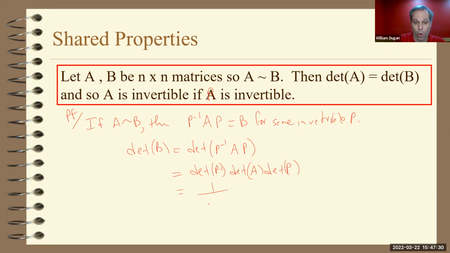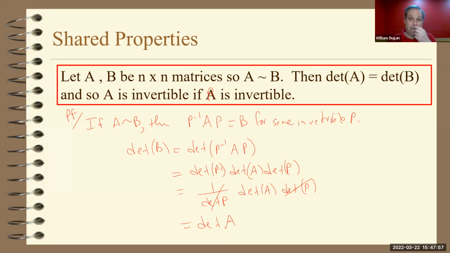It's just 1 over the determinant of P. Then you have times the determinant of A and times the determinant of P. Also, since we know that P is invertible, the determinant of P is not 0. That means that these cancel, giving you the determinant of A, and that's it. So if two matrices are similar, then their determinants must be equal.